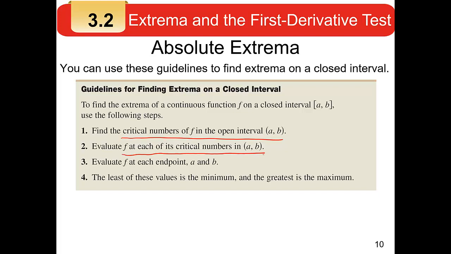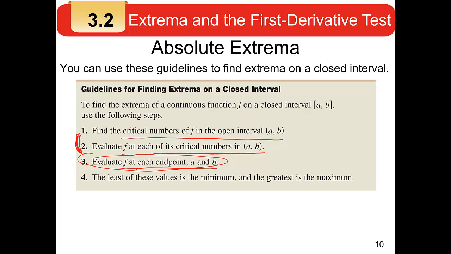on the function itself. And then you want to evaluate the function at the endpoints, because like I said, the endpoints could be the highest or lowest point. So not only do you find the relative extrema, you also have to check those endpoints as well.